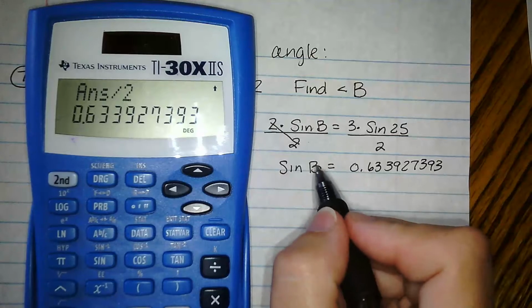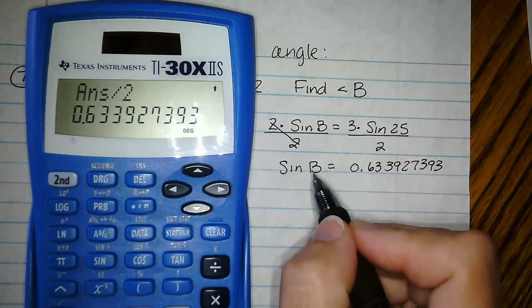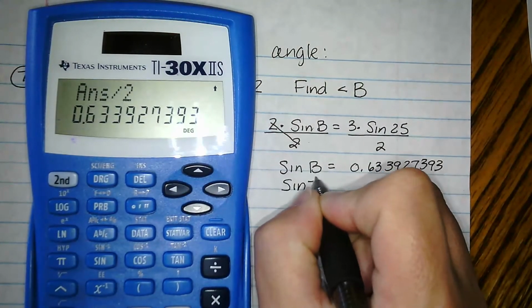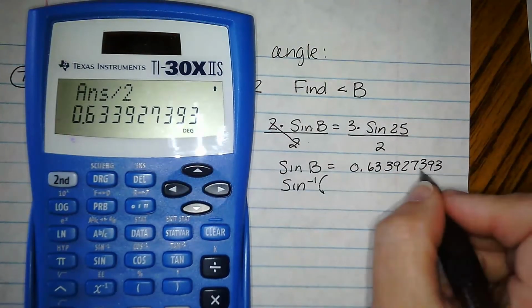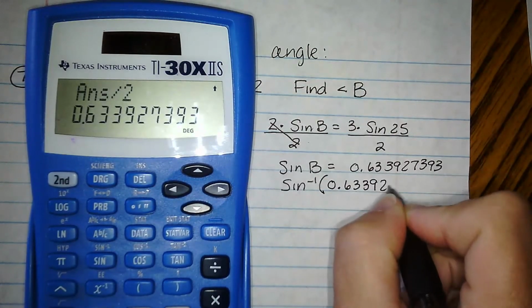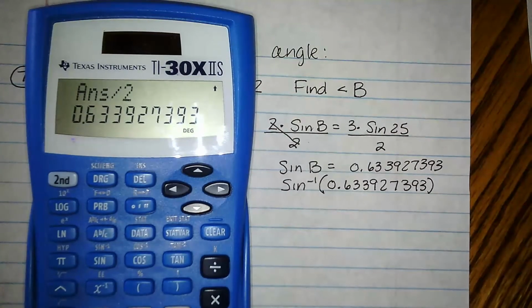Then, because I'm solving for an angle, this is my theta, this is my angle, I need to do the inverse of sine of this ratio to get my theta value.